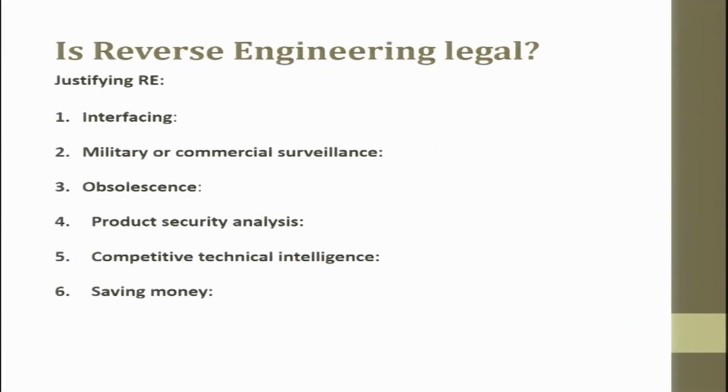Interfacing is a place where they do reverse engineering, and in military or commercial surveillance they do a lot of reverse engineering. When we have an obsolescence product that we want to produce, for example, a bearing used in a machine which is 50 years old, the bearing conked off.